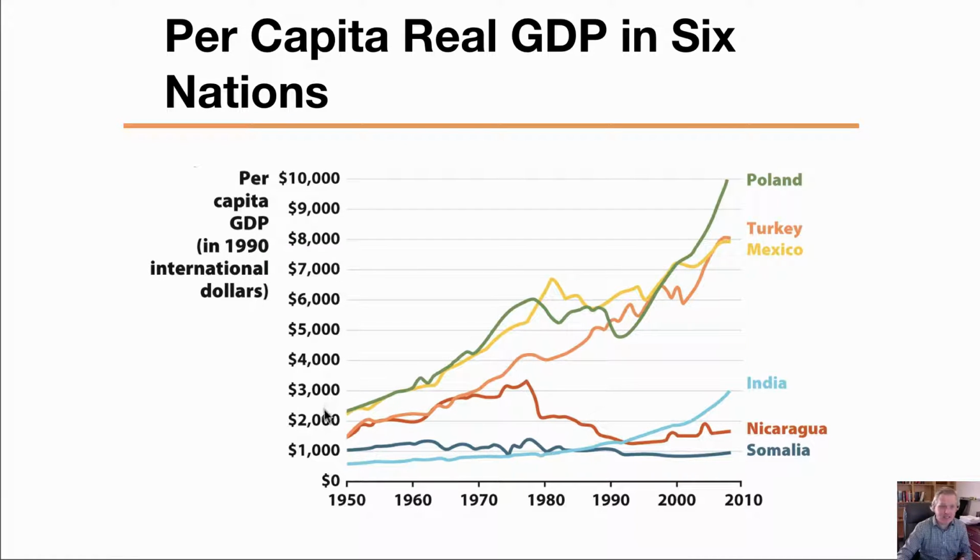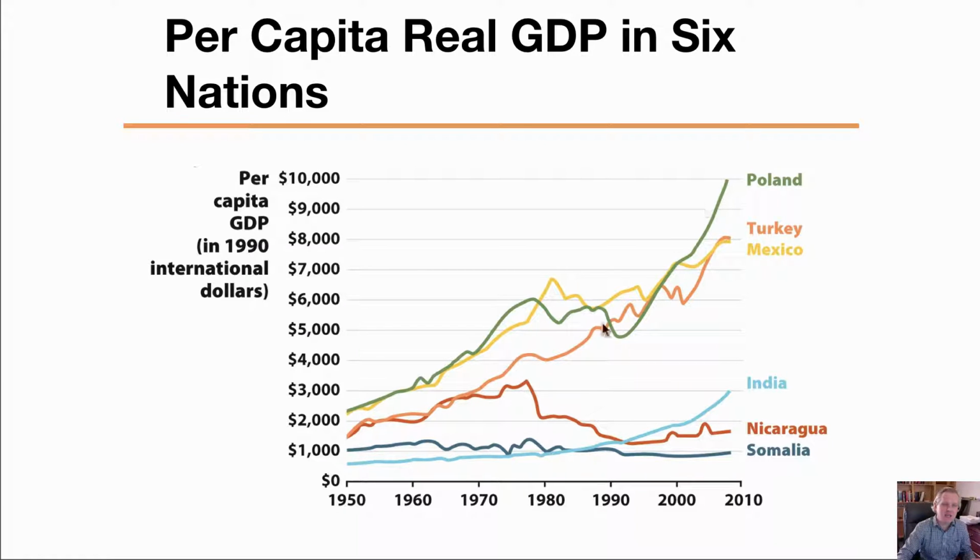And you can see for many countries, especially a country like Poland, which was once an Eastern Bloc country under the control and influence of the Soviet Union, since the fall of the Soviet Union there was a drop in their GDP as they shifted from a command and control style system to a more market-based system.